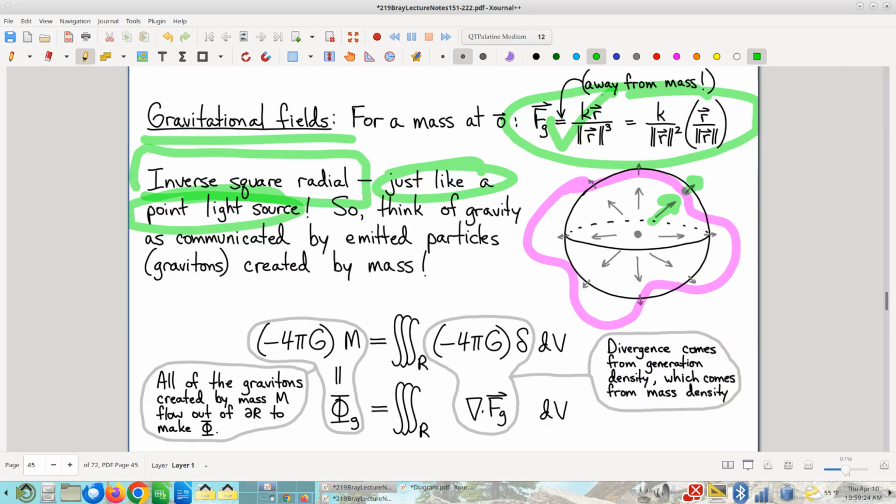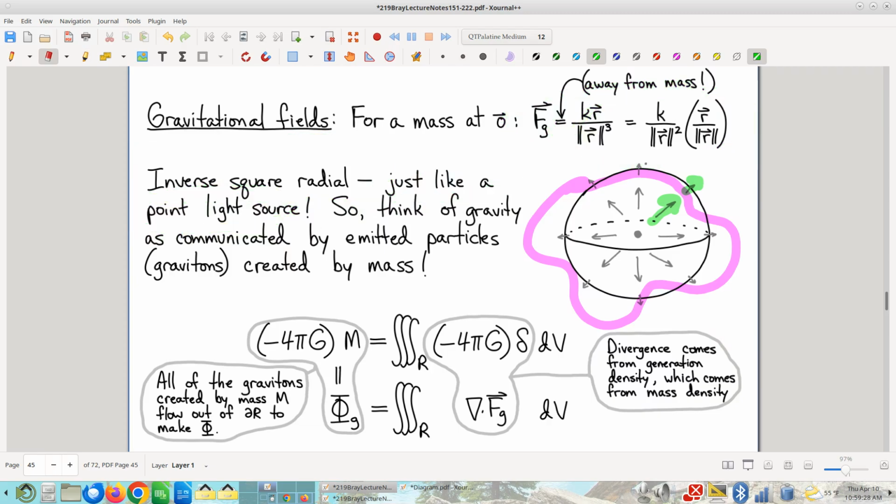So, with this observation in mind, it is super tempting to say that, hey, maybe this is literally how gravity works. Maybe instead of gravity being some mysterious action-at-a-distance force, maybe mass is constantly, just like a light bulb, shooting out little particles called gravitons.